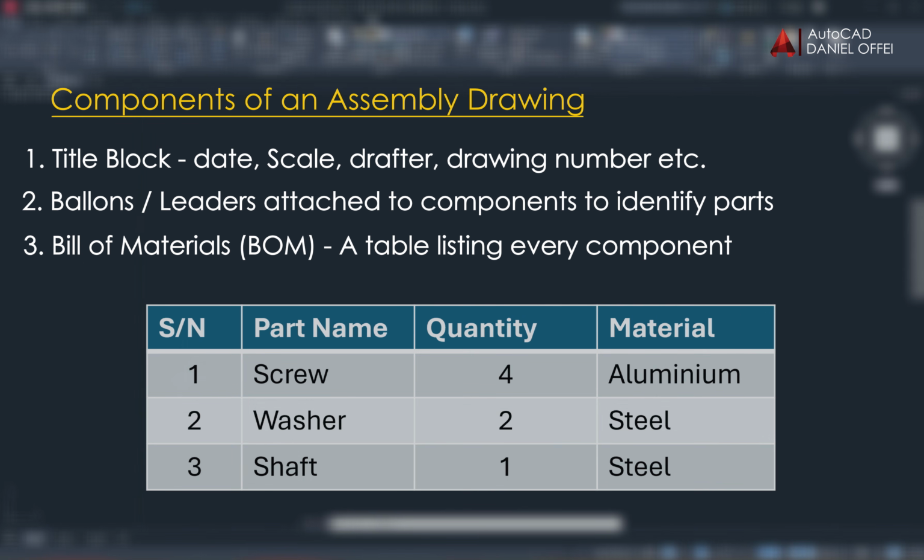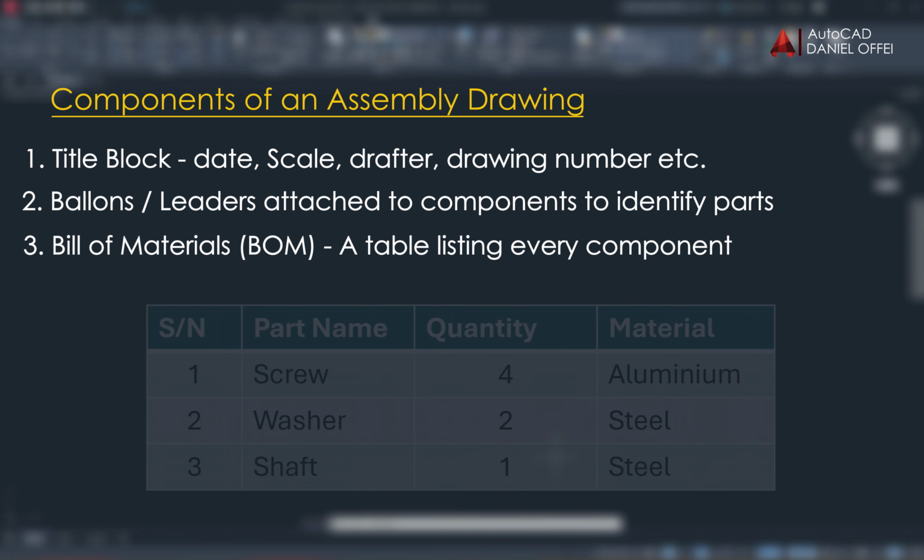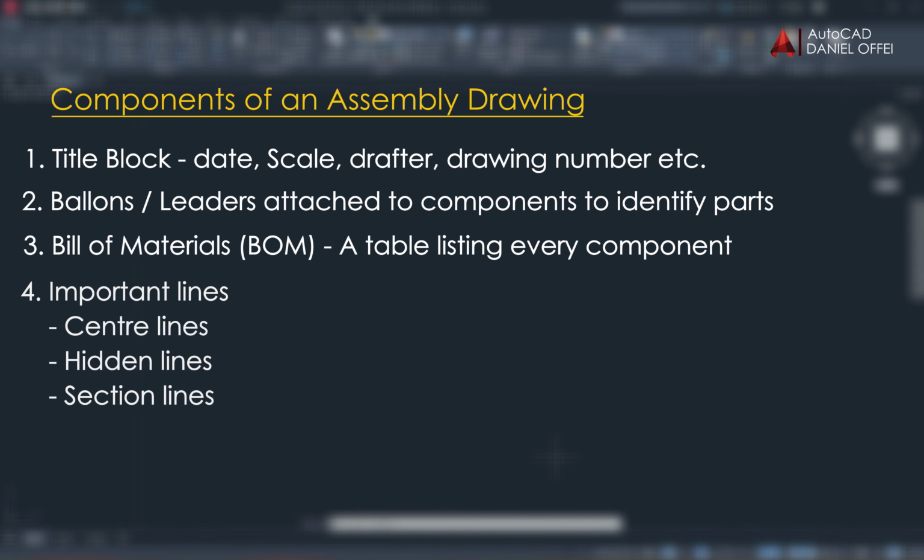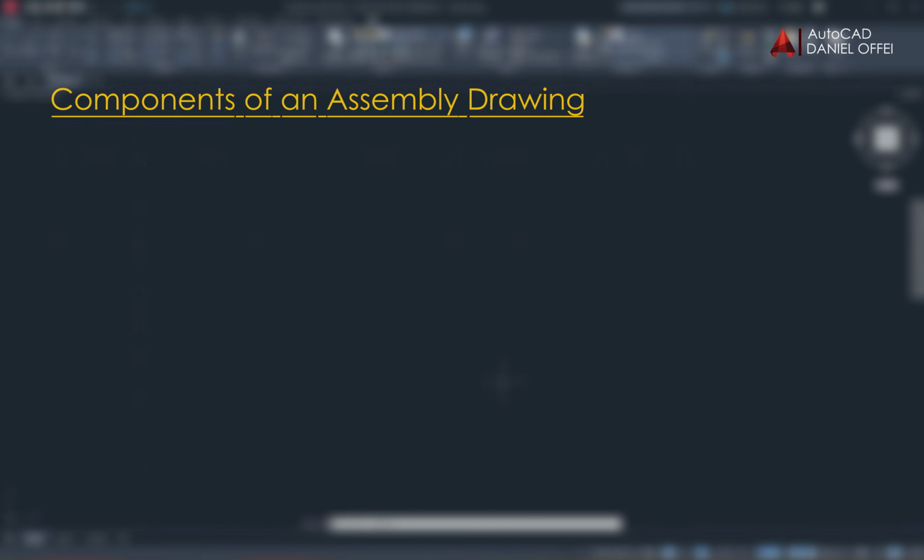This is just a table that lists every component, how many of them there are, and the name of the components. Then a very important part of the drawing is the type of lines that you use, because center lines, hidden lines, section lines, and any other type of line tell us different things about your product. So those are the components that we need to see in an assembly drawing. There are other ones that we'll talk about when we start assembling some parts.